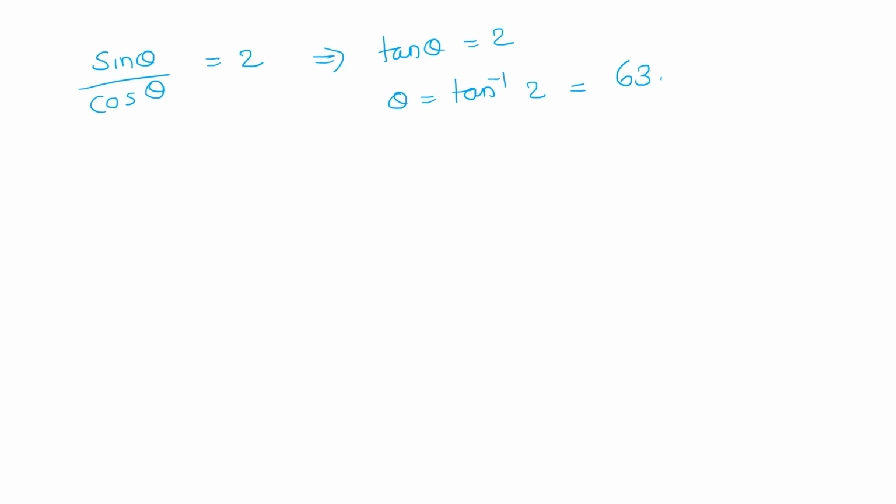Dividing the first equation by the second equation, sine theta by cos theta is equal to 2. So tan theta is equal to 2. So theta is equal to tan inverse 2, that's equal to 63.43 degrees. Substituting the theta value in any one equation, we can calculate T as equal to 223.56 Newton.